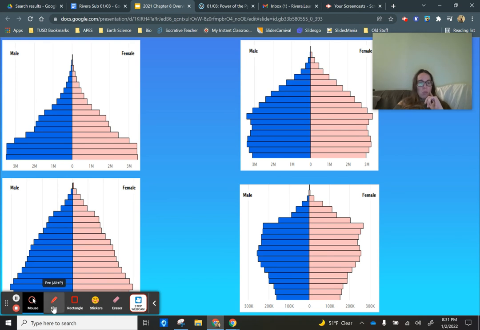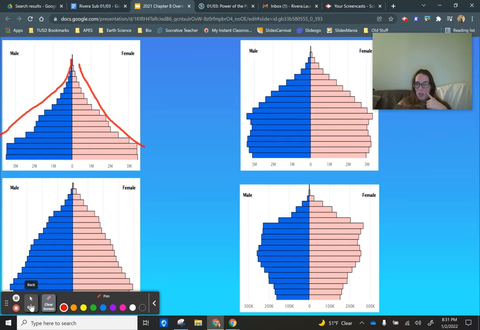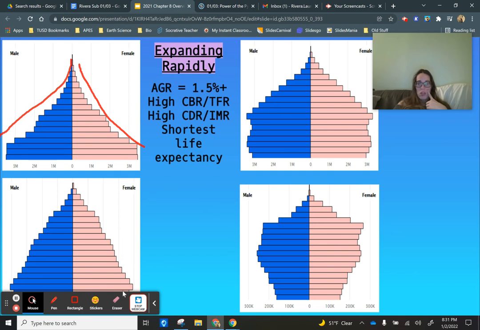So let's start with this one on the top left. Notice that it has a very broad base. It looks like an upside down ice cream cone. So when we see this type of age pyramid, what you should know is that we are looking at a population that is going to grow and expand very rapidly.